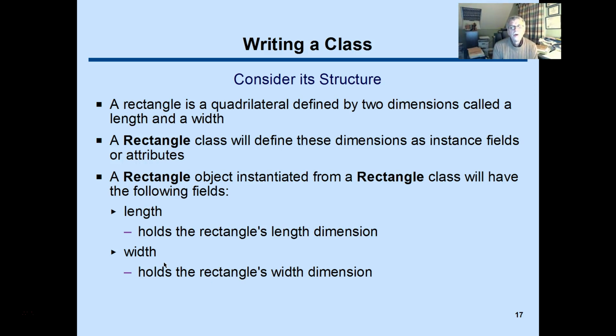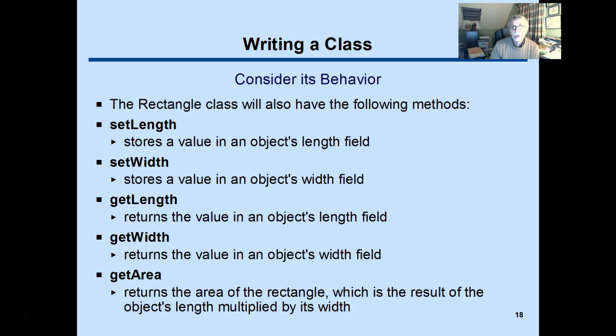Go back to some geometry course that you took, and what kind of things did you do with rectangles? You perhaps computed the area of a rectangle. You perhaps computed the perimeter of a rectangle. So that's one of the things that we'll do as we start to define the methods or the behavior or the operations that a rectangle object will be able to support.